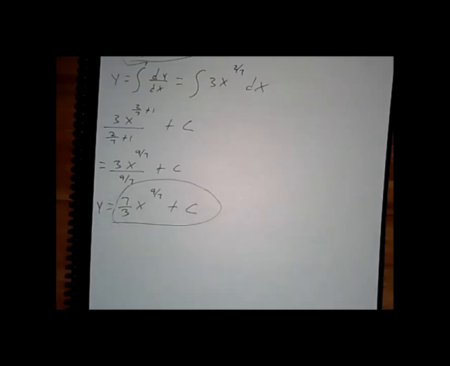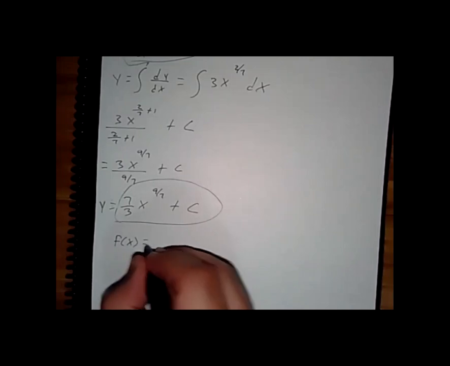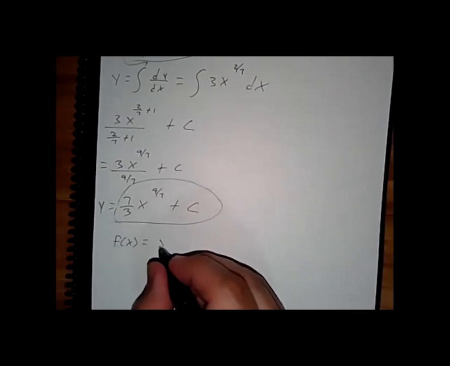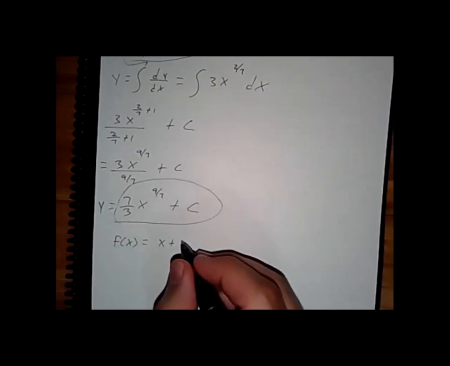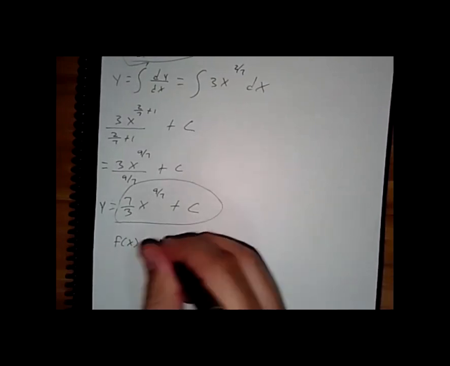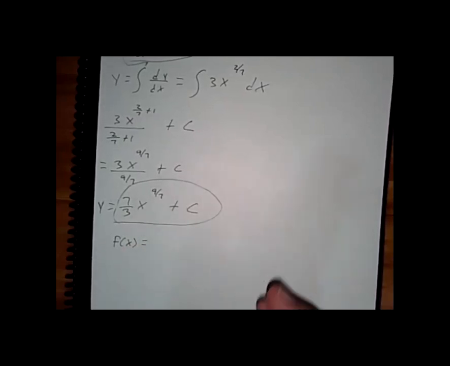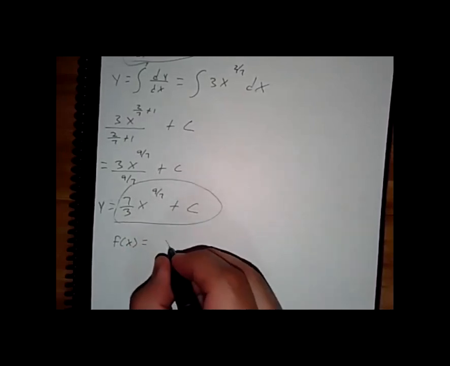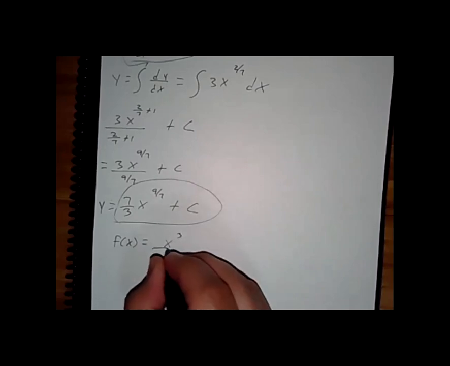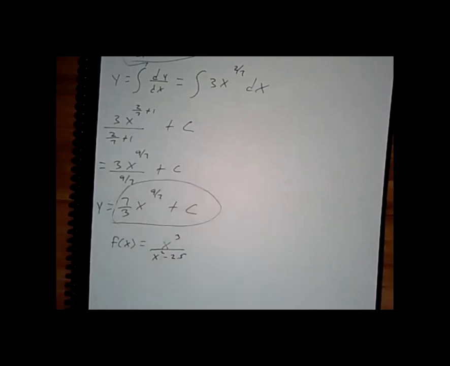My function was x cubed over x squared minus 25. Let me write that over again. X cubed over x squared minus 25, or x minus 5, x plus 5. Like this. Okay. Gotcha.